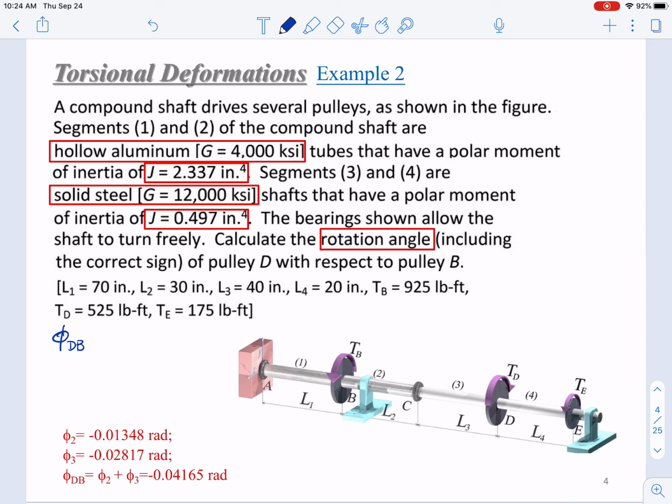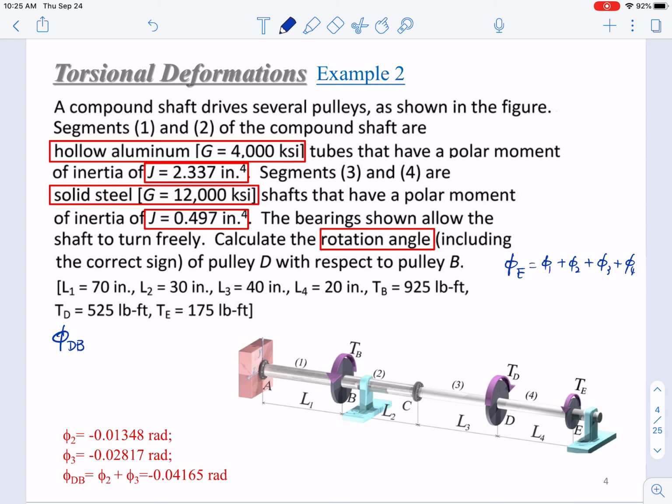If I request you to calculate the overall deformation at point E with respect to A, since A is a fixed end, to calculate phi E you will just need to calculate phi 1 plus phi 2 plus phi 3 plus phi 4, right?